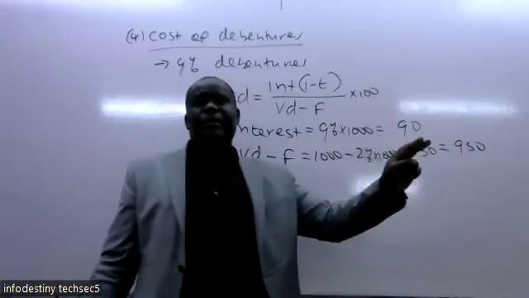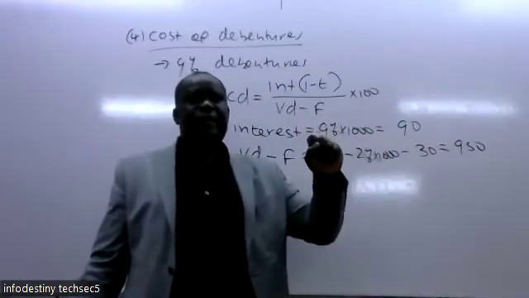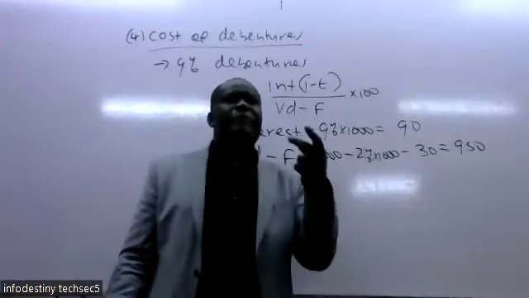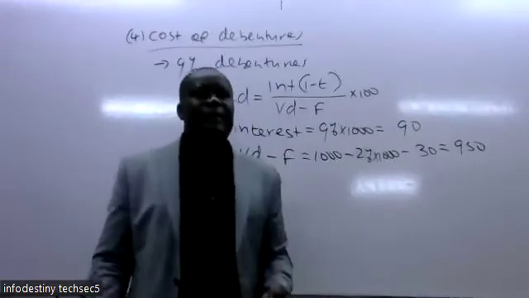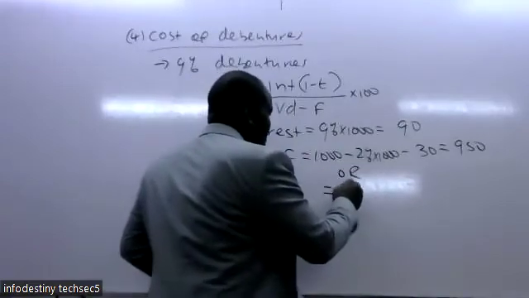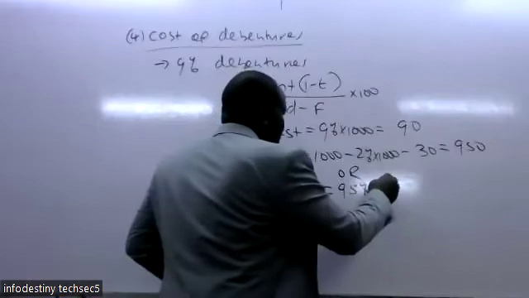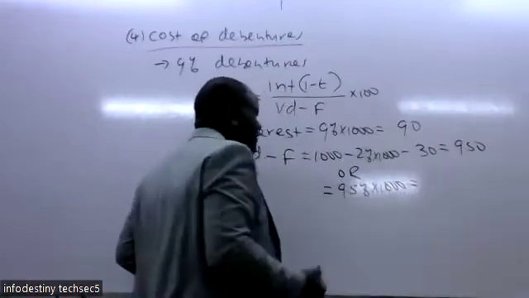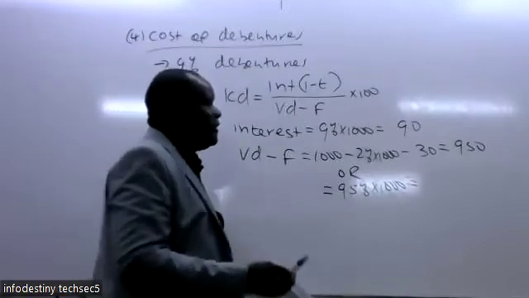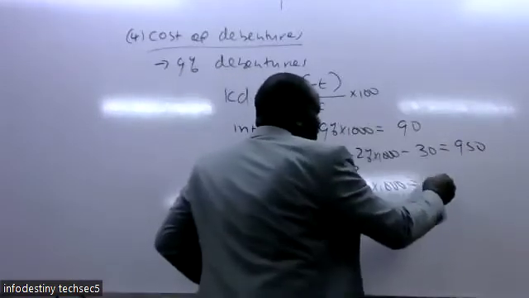When you add them together, they come to 5%. That's why they say it is net proceed of 95%. They have subtracted the 5%. So alternatively, it is 95% of the 1,000, which is the same figure you have there, 950.